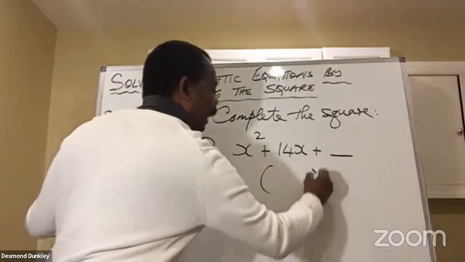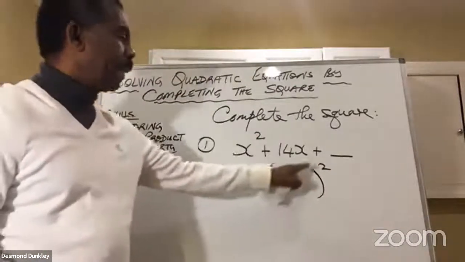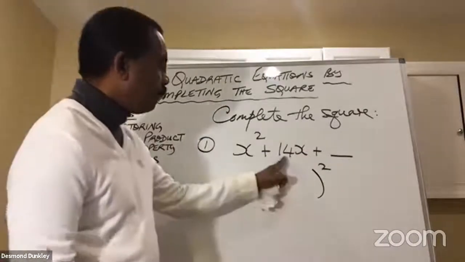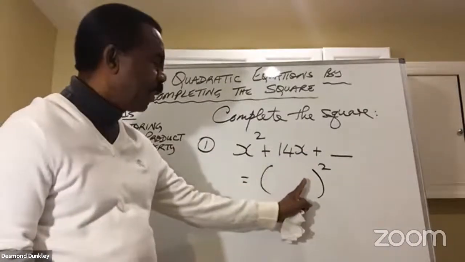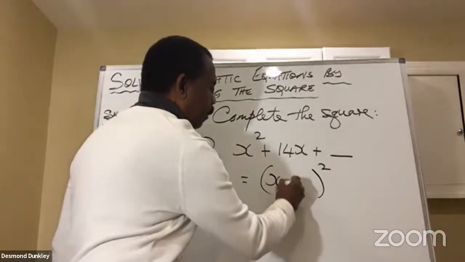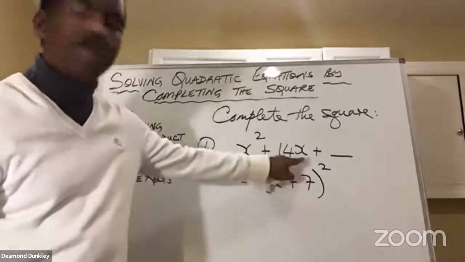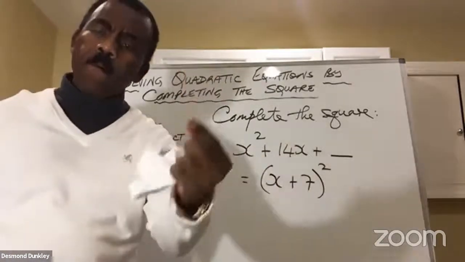We're trying to get something like this squared. So this middle number is always obtained by doubling whatever number is here. So it seems to me that the number should be 7. That's the number here that would give us a middle term of 14.